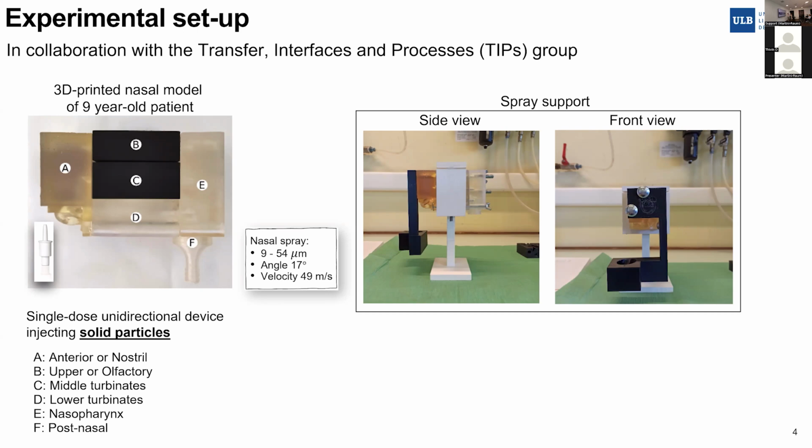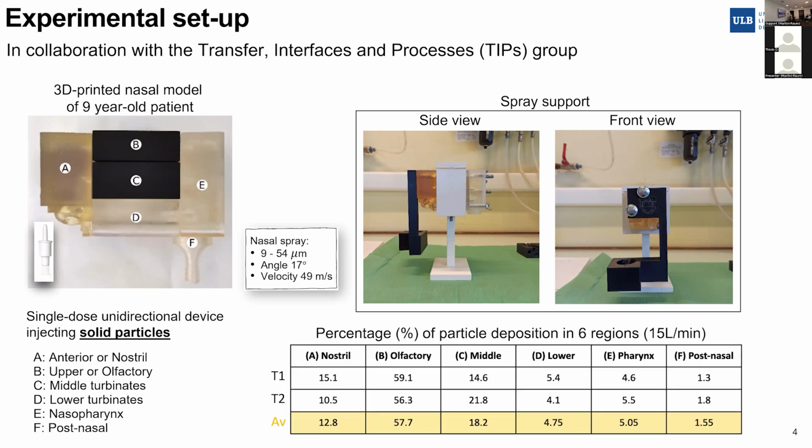The particles range between 9 and 54 micrometers in diameter. The angle of injection is 17 degrees, and the mean spray velocity is 49 meters per second. For the inlet flow rate of 15 liters per minute, they took 2 tests, and then the average of these 2, and they looked at the particle deposition in regions A to F. This is what we refer to for validation of our computational model.